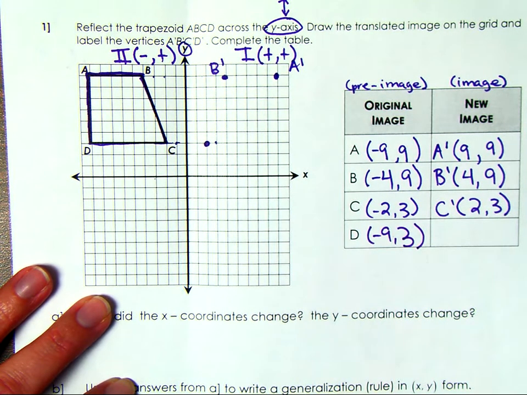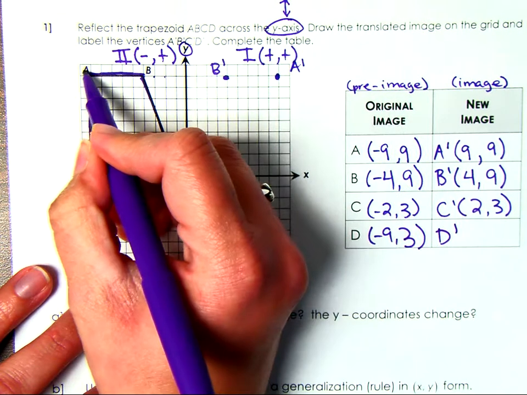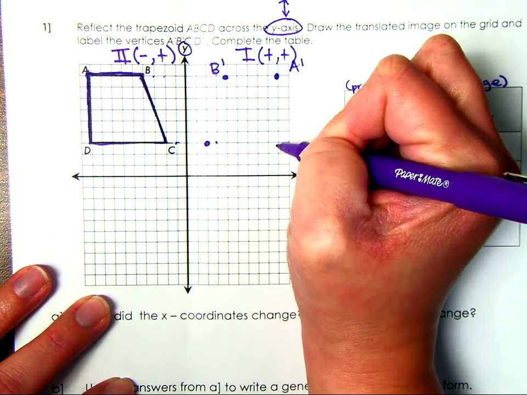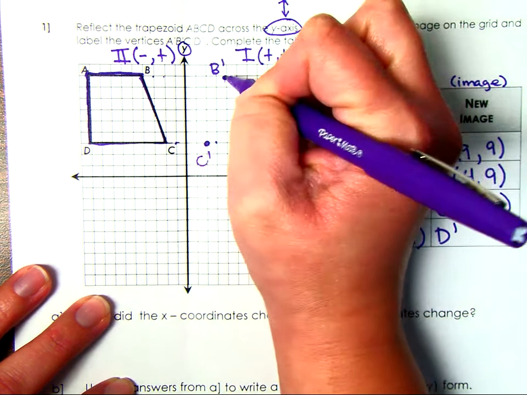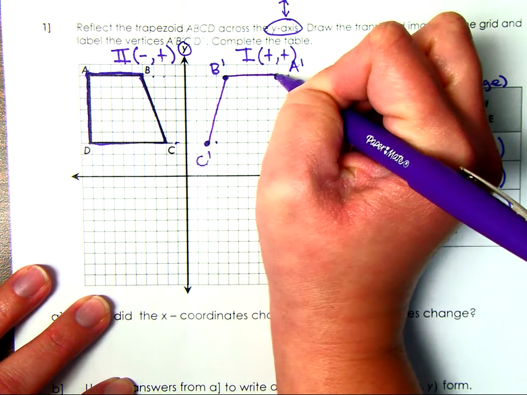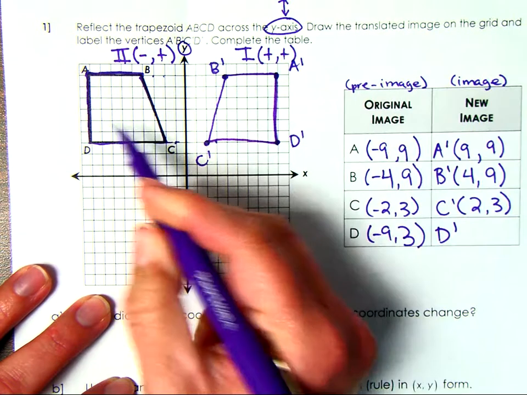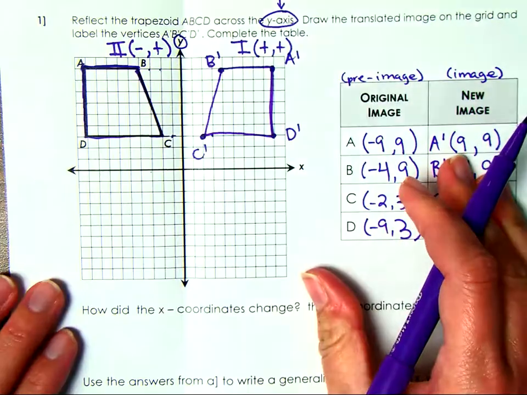It's negative 9, 3. So D prime, again, if we reflect over, here's A and here's D. So if this is A prime, then D prime needs to be right here. And then we can connect our quadrilateral, which is a trapezoid in this picture. Here again, if you draw it real dark and you see how it can fold over, that makes sense of how it works out.